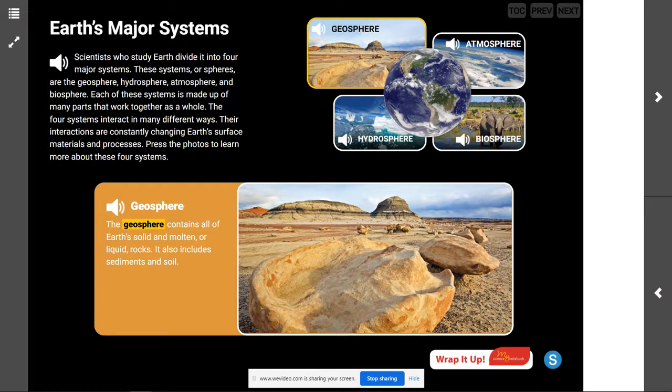To get started, I want you to think about any time you have ever been outside in any activity that involved you interacting with nature.